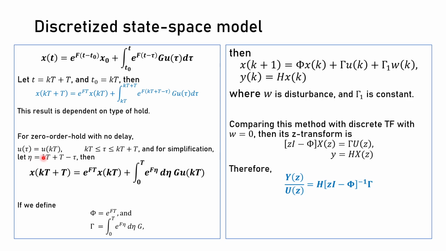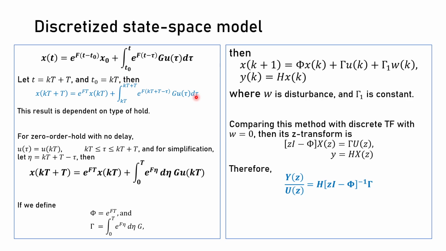Then we use the change of variable eta equal to the whole term in here, so d eta equals minus d tau. If we substitute tau by kT and tau by kT plus T, we get capital T here and 0 here.